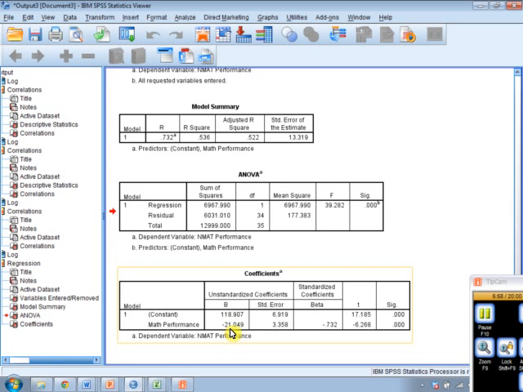So basically, if you have a grade of 2 in math, but you should have a grade of 1, the impact of that on your NMAT is 21.